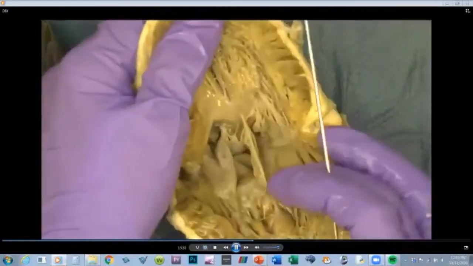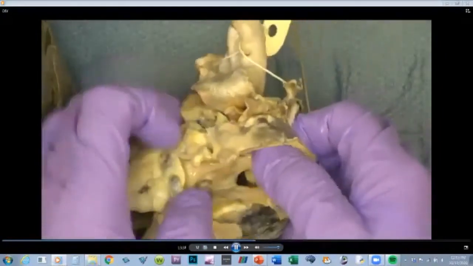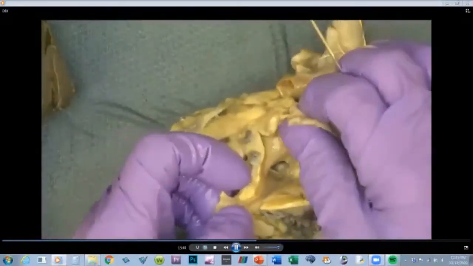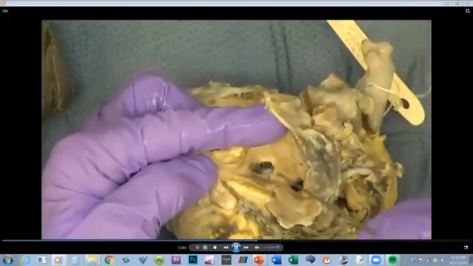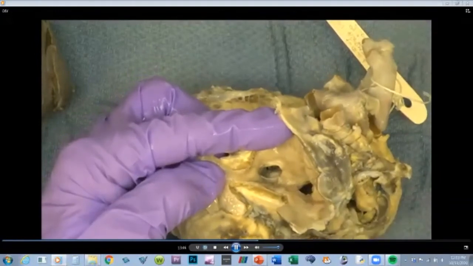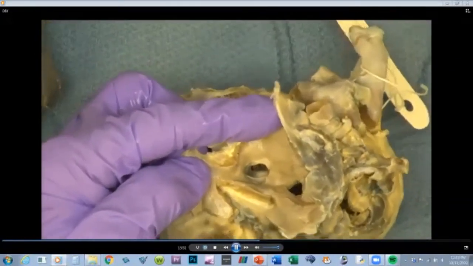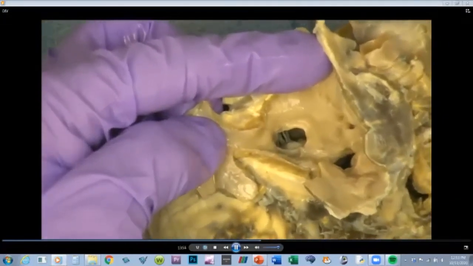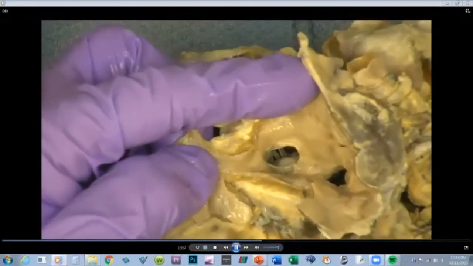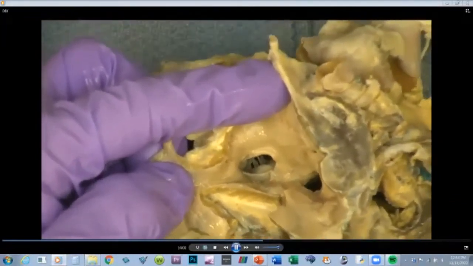And you can see also that this left AV valve is quite a bit smaller than the right. And if we look at it from the left atrium, you can see that it has a supravalvar stenosing ring as well. You see there's a little ring of tissue here around the orifice of the valve, around the annulus of the valve, causing some obstruction and associated with the small valve that we saw in this patient.